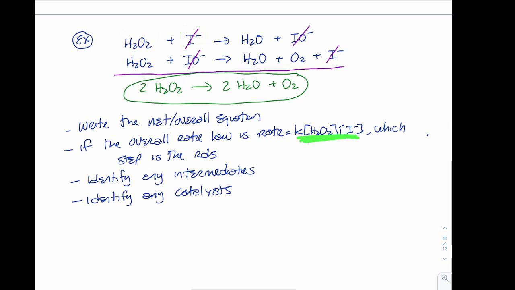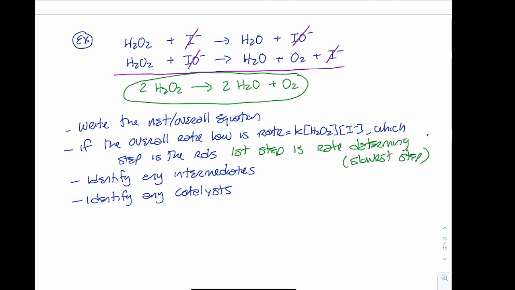So this does match that first step. So our first step is rate determining. That means our first step is the slowest step of our reaction. So the first step would take place slowly, the second step would take place faster than that. Slow and fast, of course, being relative.